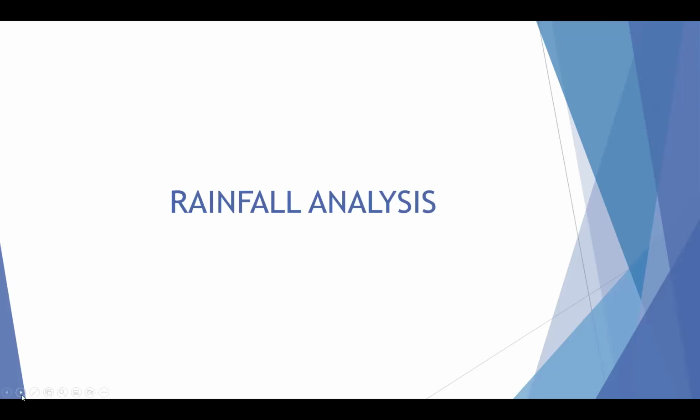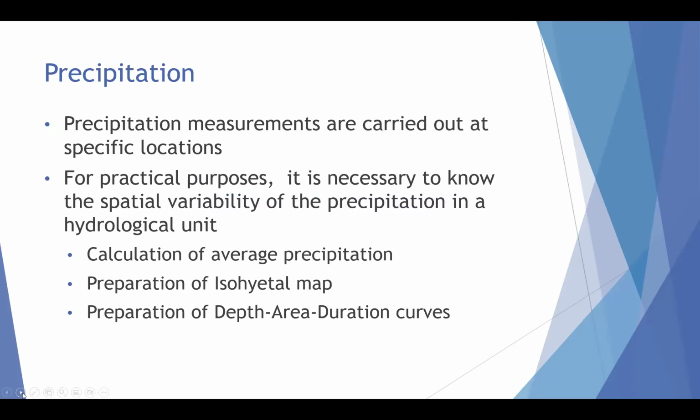Now moving on, as I already pointed out, precipitation measurements are carried out at specific locations. If I want to have the precipitation over the entire area, I have to do certain pre-processing analysis.